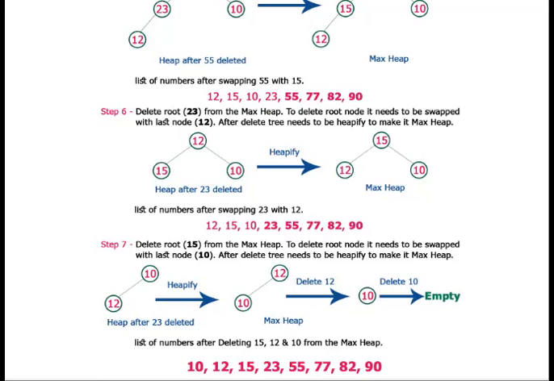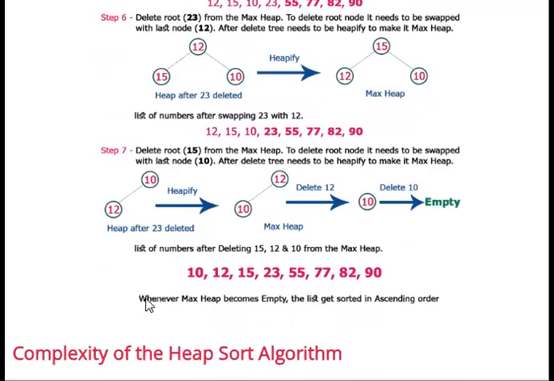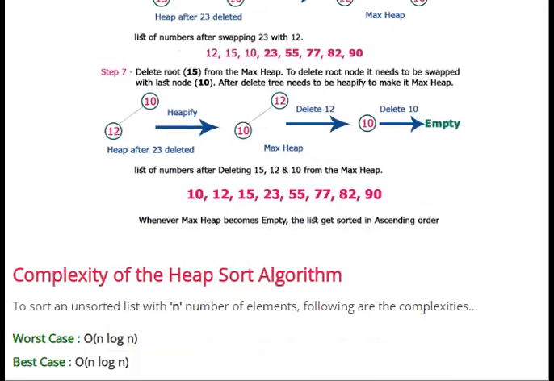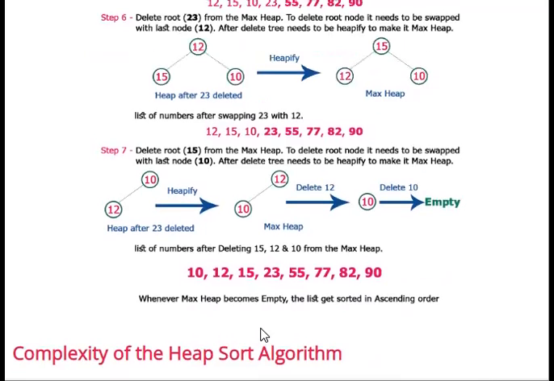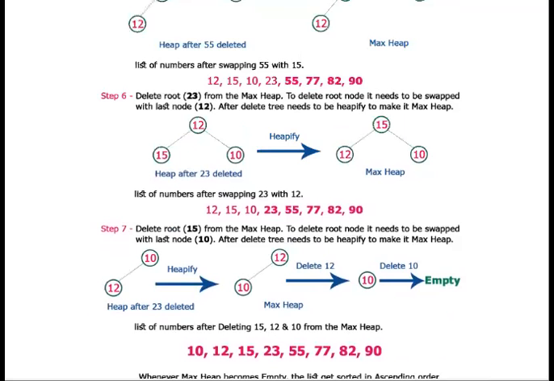Then finally the list of elements is all sorted in ascending order. This is an example of sorting elements using heap sort.